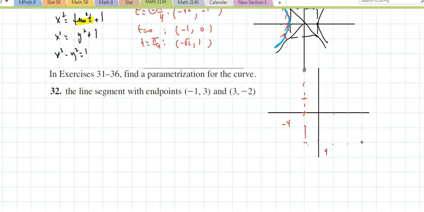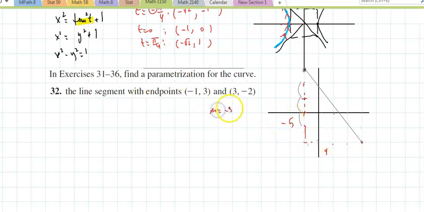It's more like negative 1, 1, 2, 3. The line is actually running right there. So actually 1, 2, 3, 4, 5 down. So the slope is 5 down and 4 to the right.